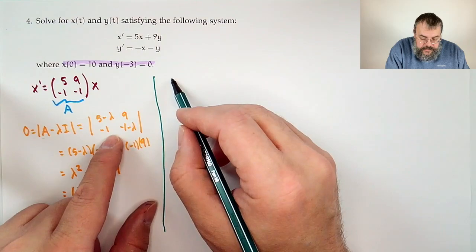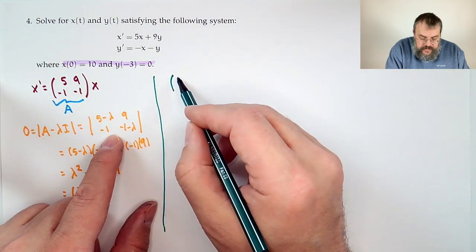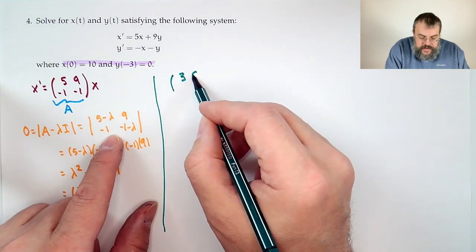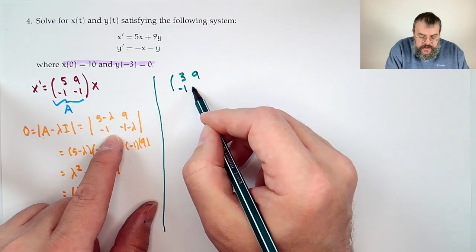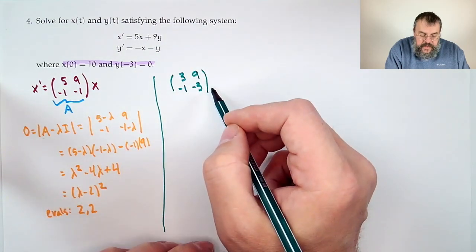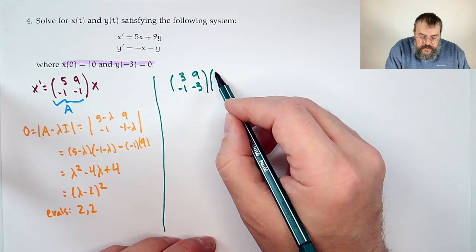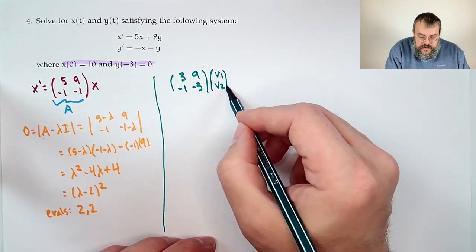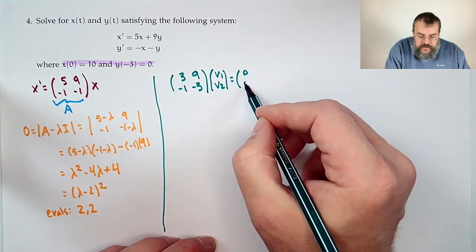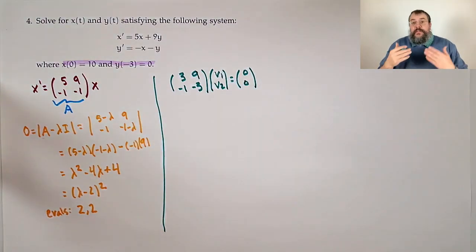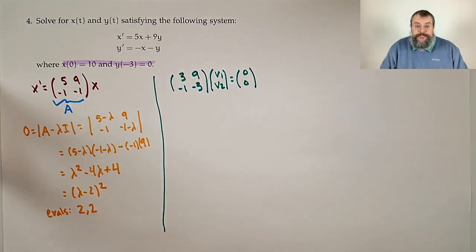Because you have A minus lambda I, you just need to plug in what lambda is. So you have 3, 9, minus 1, minus 3, and we're looking for v1, v2, where we get out 0, 0. So this is finding the eigenvector.